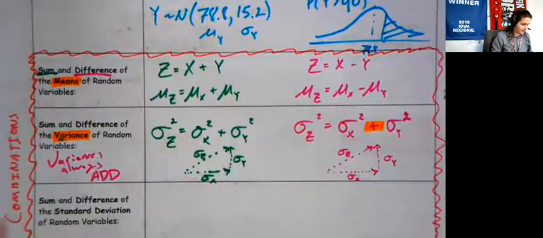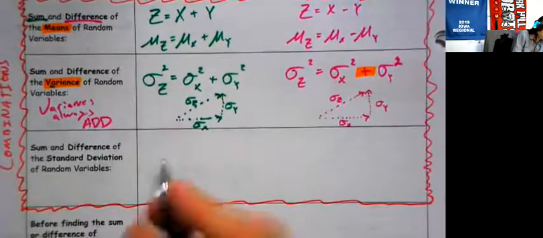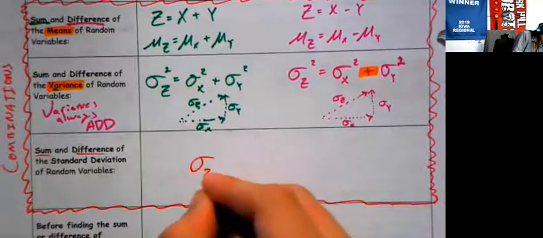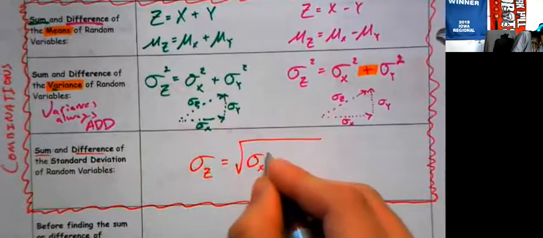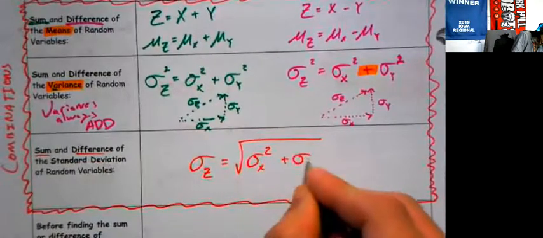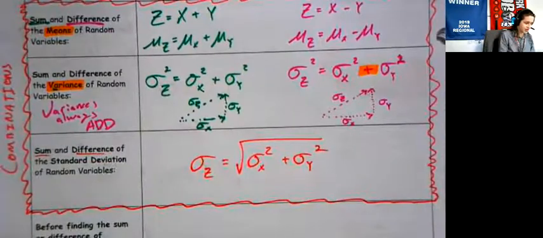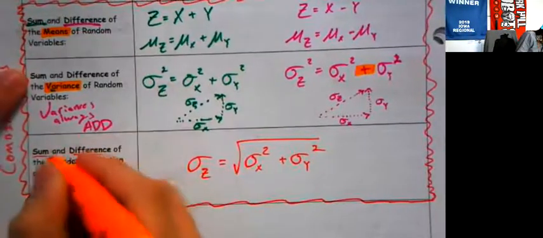Right, so if we wanted to find then the standard deviation, this will be the same for both. The standard deviation of the sum and the difference, sigma z, is just the square root of sigma x squared plus sigma y squared. And that always works. Regardless of whether we're adding or subtracting x and y, we always add their variances and take the square root to get the standard deviation.